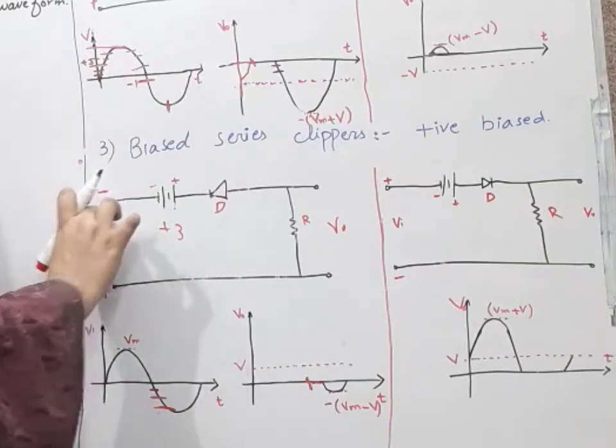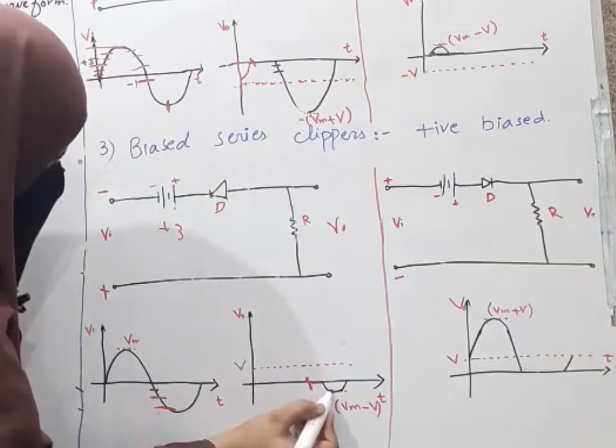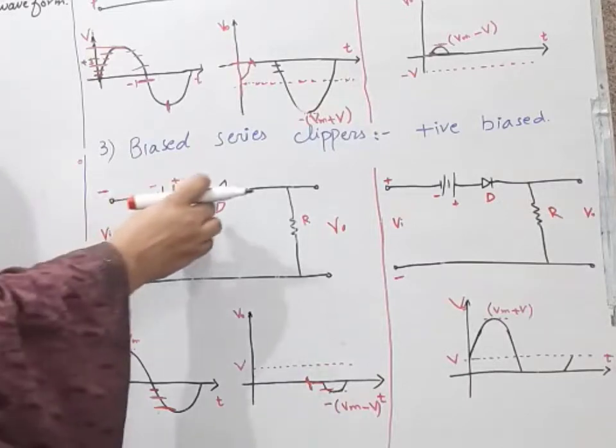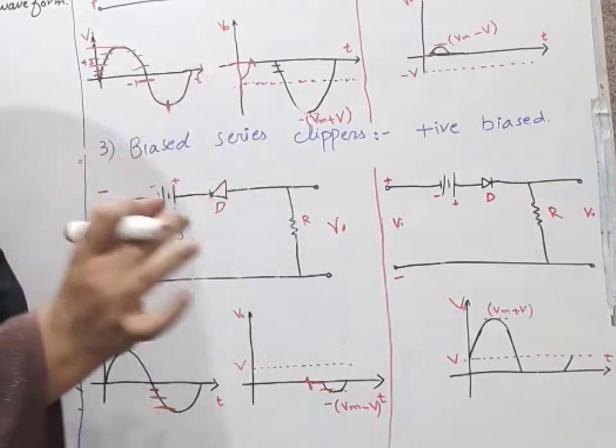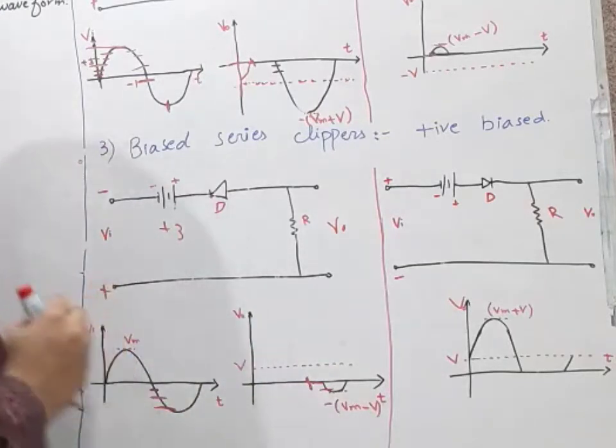So with a total potential of -2, the input waveform will be winning, and the diode will act as a closed circuit and we will get -2 potential at the output waveform.